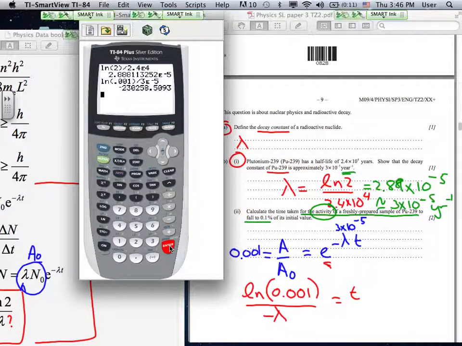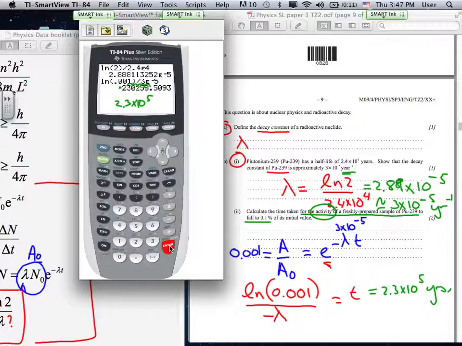Remember this minus obviously doesn't count because we're dividing through by a minus, minus divided by a minus, so we've got 2.230258 points. So I'm going to do it to two significant figures, so it's going to be 2.3 times 10 to the 5. That will be the time, 2.3 times 10 to the 5 years, so a long time.